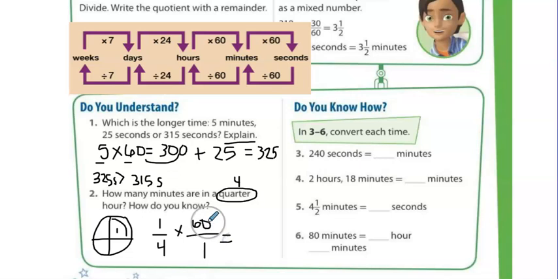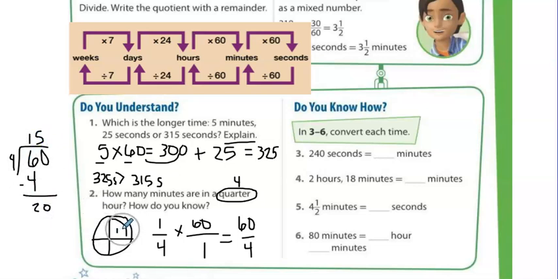Remember, if I have 60, I want to put it over 1 to represent that fraction, which is me taking 60 over 4, the equivalent of 60 divided by 4. So if I take 60 and break it into 4 sections, 4 goes into 6 one time, I subtract, 4 goes into 20 5 times.